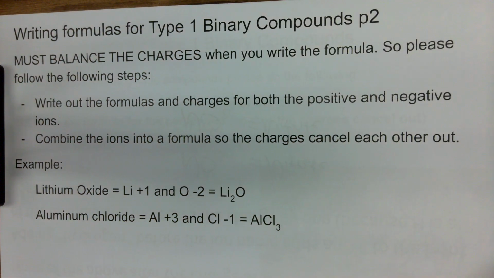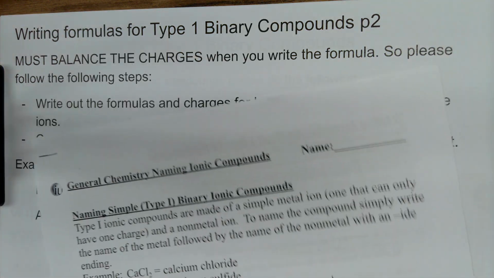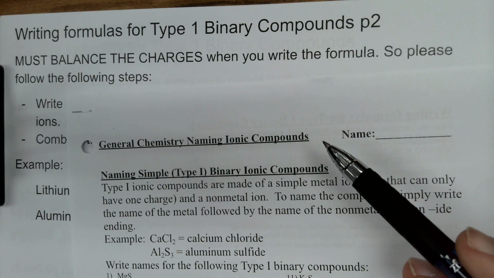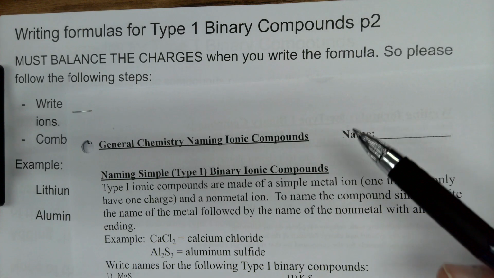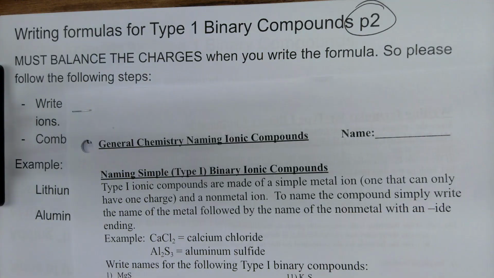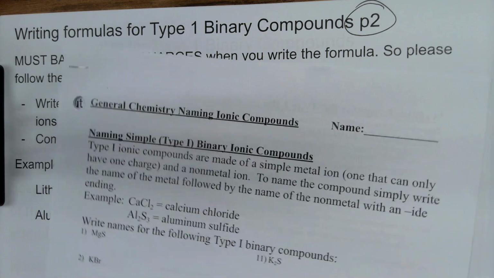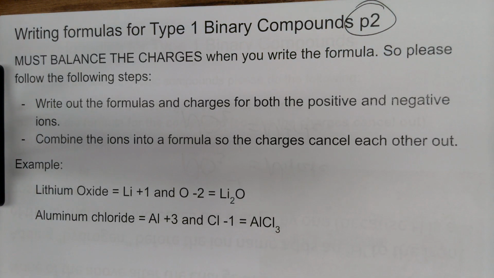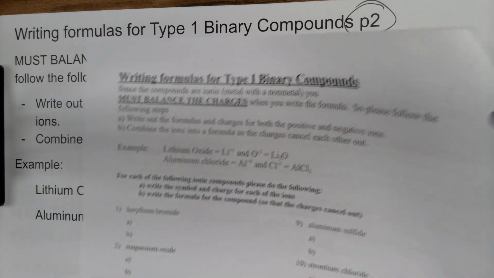Let's take a jump into what we're doing today. So, in your general chemistry naming ionic compounds packet, I want to jump straight to page 2. The reason is because it looks a lot similar to what we've already done in the past.